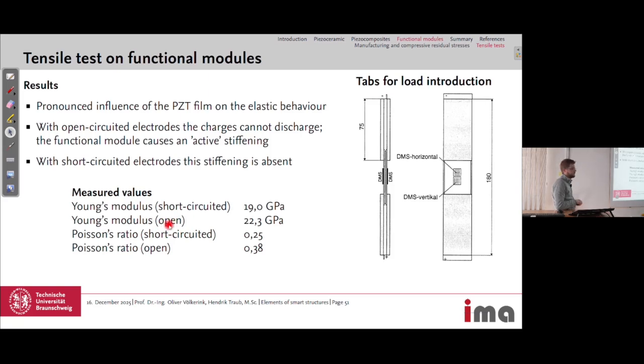Open electrodes lead to a Young's modulus of 22.3 gigapascals. And if we short-circuit them, then we don't have this active stiffening effect, so we only had a Young's modulus of 19 gigapascals. And also the Poisson's ratio, so the transverse contraction, is affected.